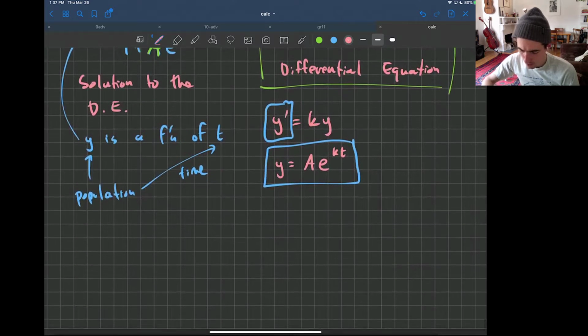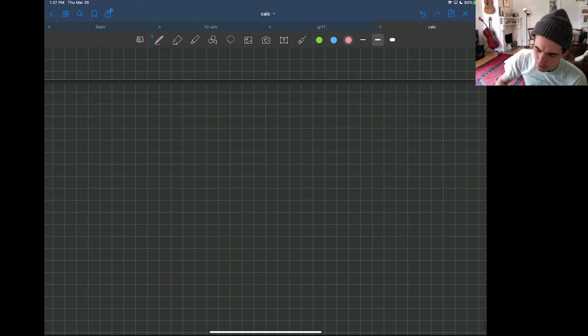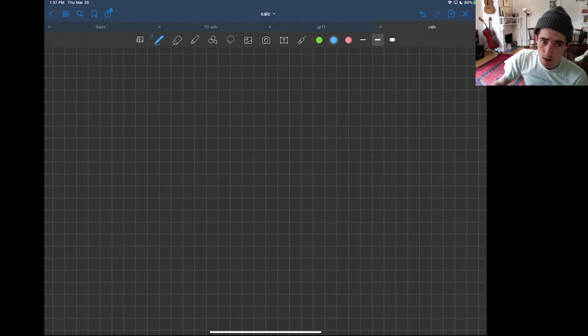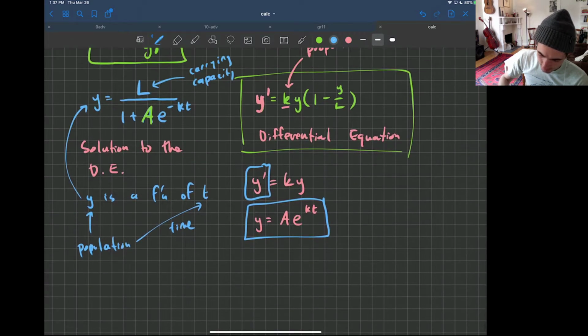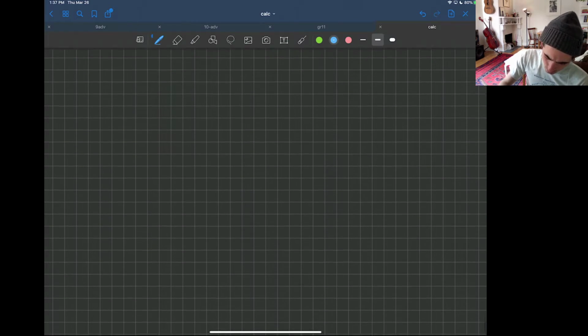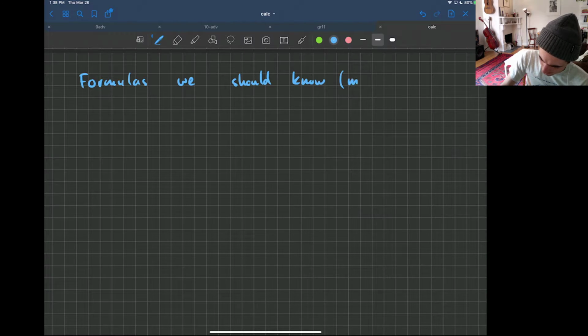So let's start off with the 2 that we supposedly already know, the ones that I already just wrote down. I'll write them down nice and cleanly. Formulas we should know, and what I mean by that is memorize.